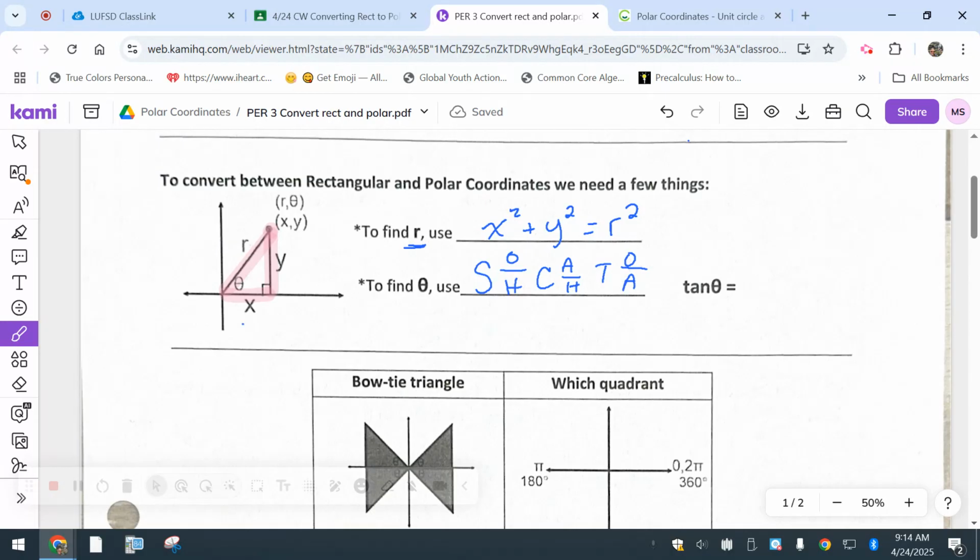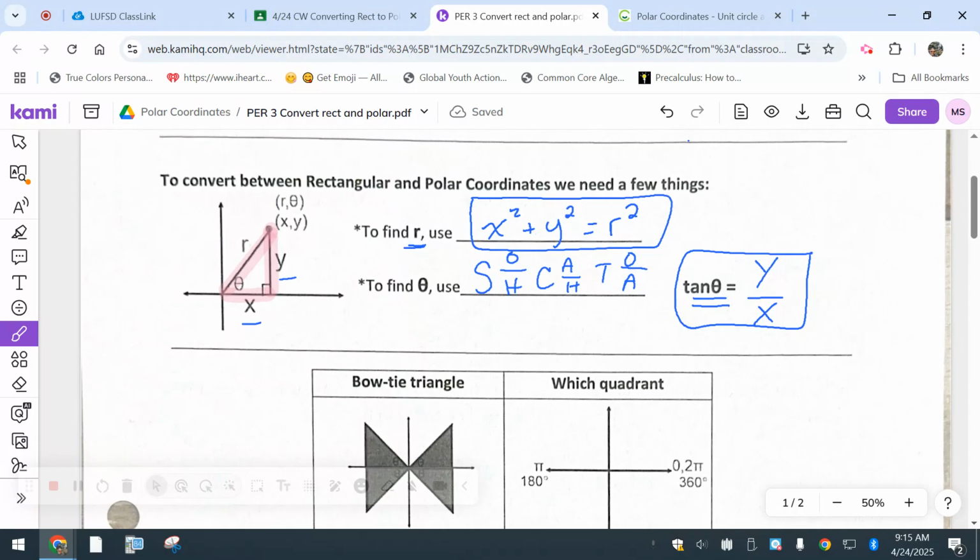If you're given x and y, you want to focus on tangent, okay? And tangent theta, remember, is the opposite over adjacent. So that would be y divided by x. Okay, so you want to box this one in and the r. Okay? So those are the two formulas that we're going to work on today.